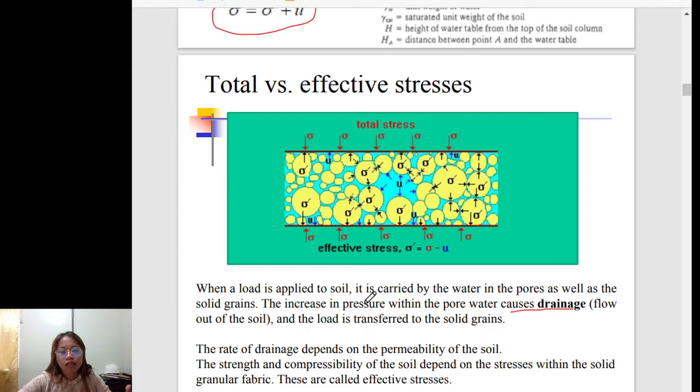So the load will be transferred to the soil grains, no. That is what we call the effective stress, no. The total stress is equal to the stress of the soil minus the pore water stress caused by water.